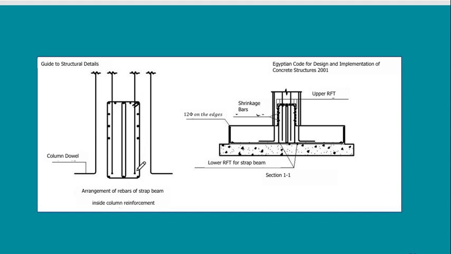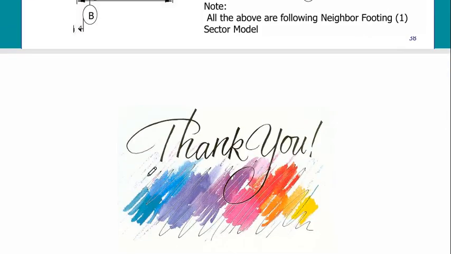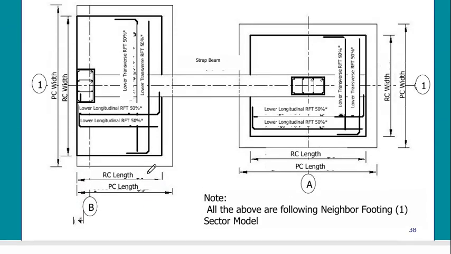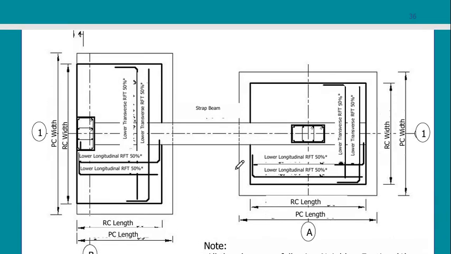This is the bottom reinforcement of the beam, and with this drawing, we now know everything about the strap beam, how to design it in detail. As you can see, it is only a beam that we designed based on a bending moment diagram, including three moments, one in the middle and two cantilevers.